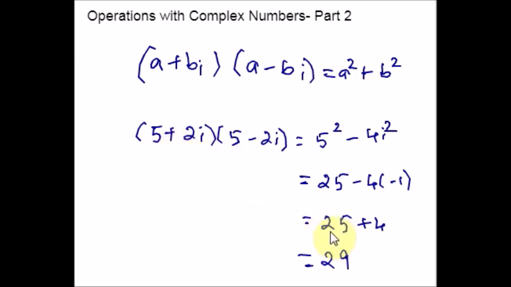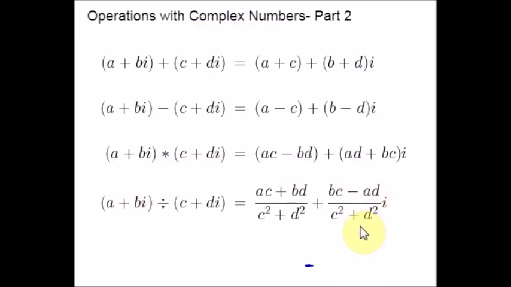Hope you got an idea on the product of complex numbers. Okay, let us now see the next operation, division. Let us see how to divide two complex numbers. This fourth rule is applicable when you are going to divide any two complex numbers. Dividing complex numbers is a bit technical. To deal with it, we have to deal with something called conjugates, what we discussed just before.